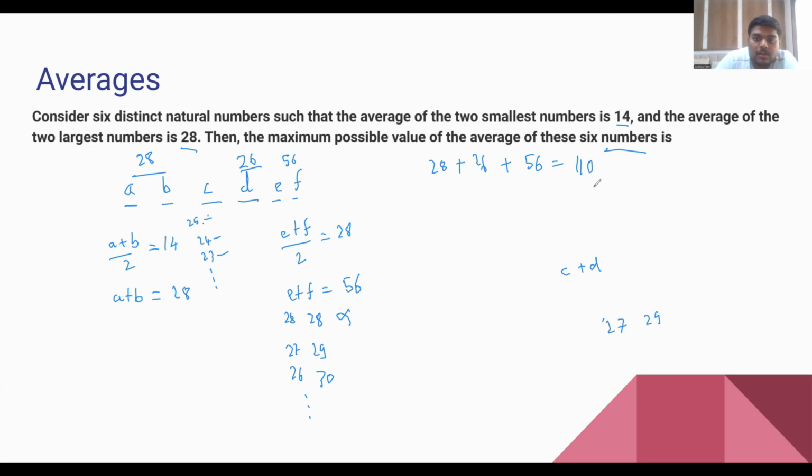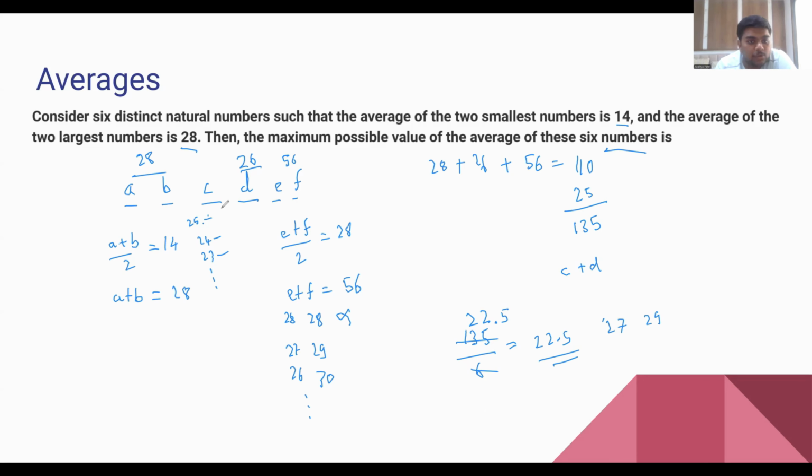So 110 plus 25 is equal to 135. Now how many numbers are there? 6. So 135 divided by 6 is 22.5. So this is the maximum possible value of the average of these 6 numbers.